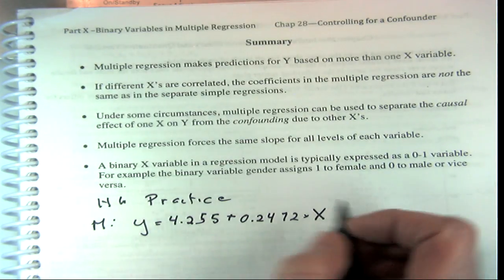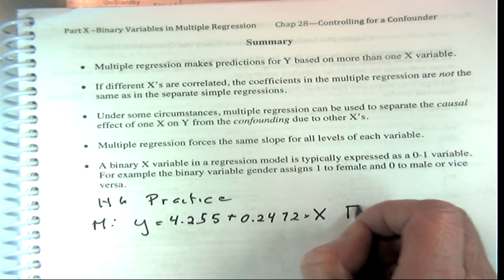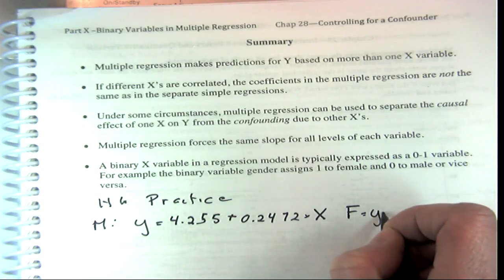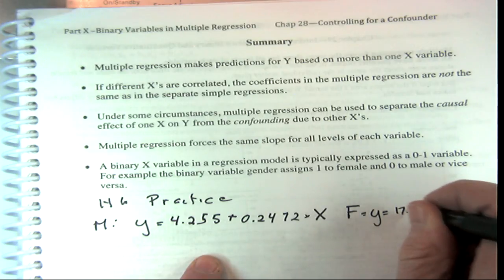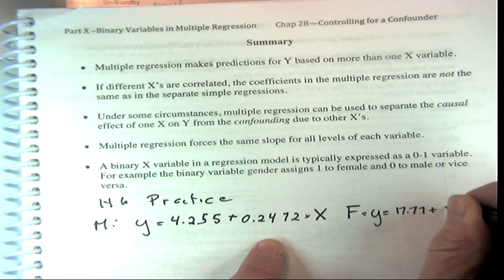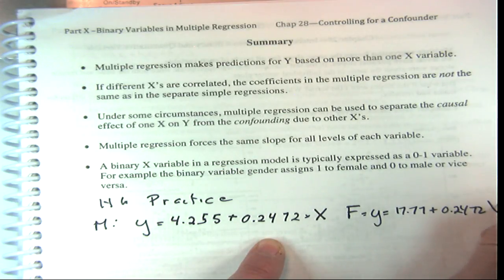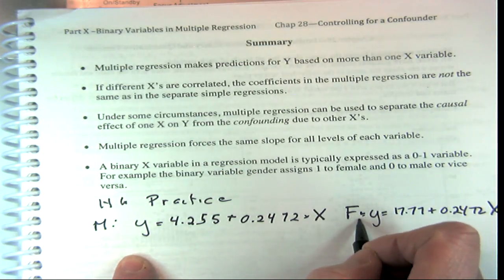And then for females, we have a different intercept but the same slope. So the intercept is 17.77 plus the same slope. All right, so that's for females.